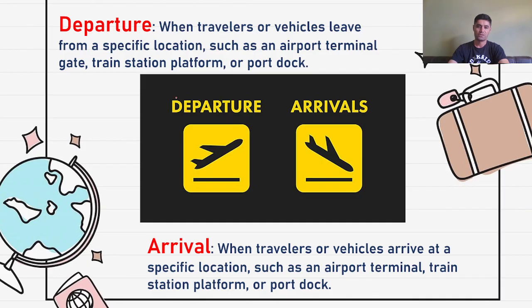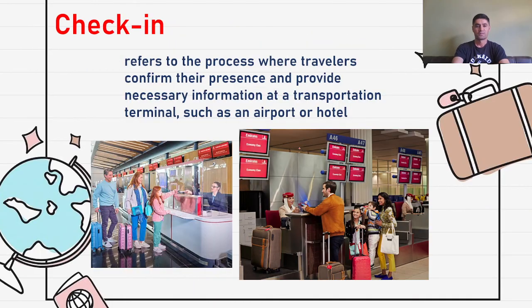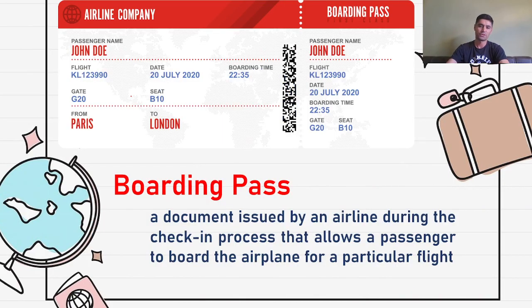Departure, you normally see these signs inside the airport, which is departure and arrivals. Check-in, this is the check-in spot where you get your ticket and submit your luggage. Boarding pass looks like this.